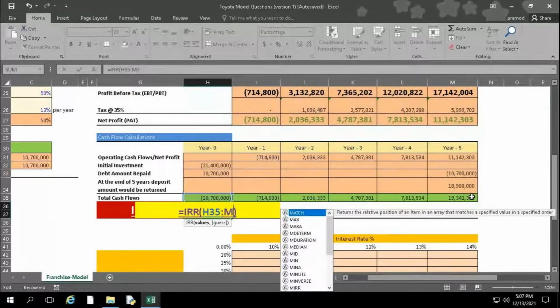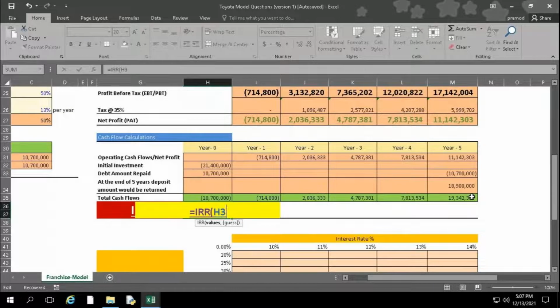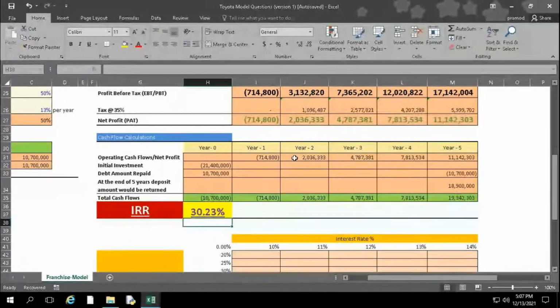Check once exactly from year H35 to M35. See, the total is everything you are getting correct. Yes, sir. Now I got it, sir.